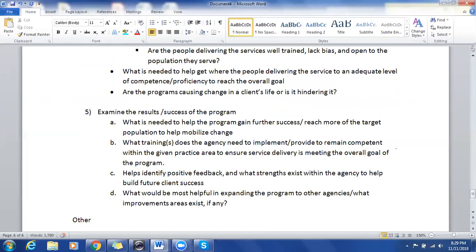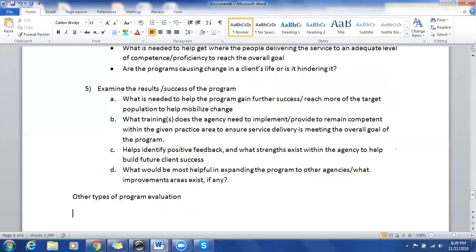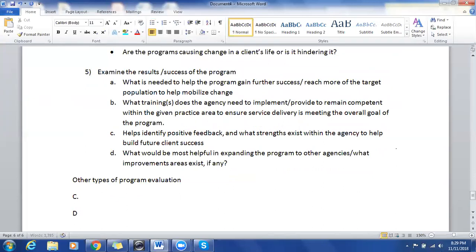However, we have two types of program evaluation. So we have all of those, and I'll put C and D for them, because we already have A and B with process as well as outcome. So here we're looking at, more or less, good old formative, and then our good old summative.